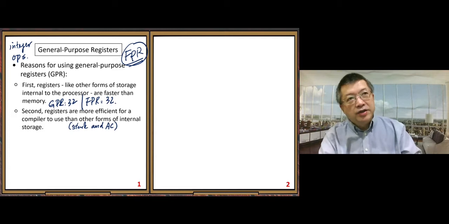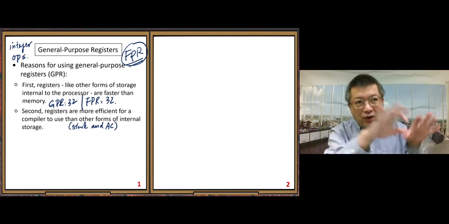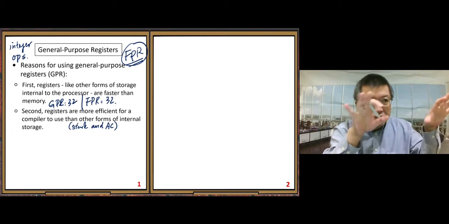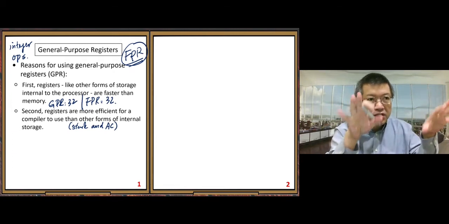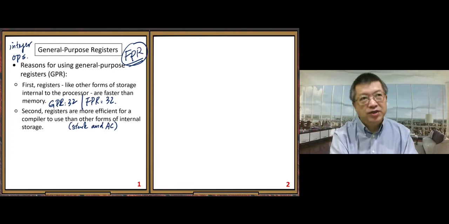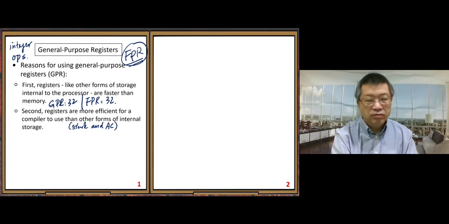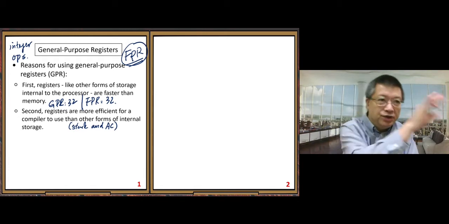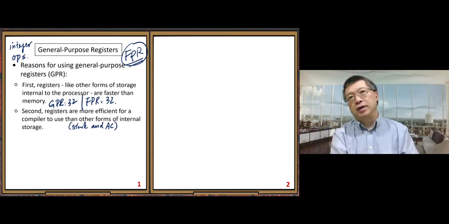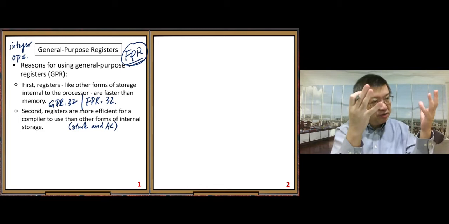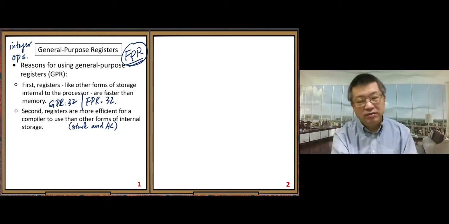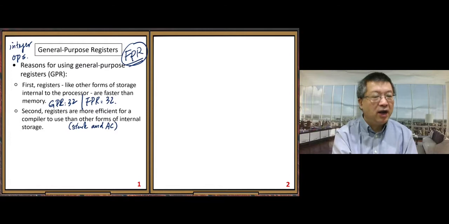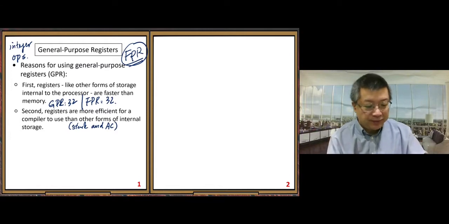So the compiler needs to arrange these registers as resources, because registers are precious resources to be used in program execution. So the compiler needs to find a good way to use these resources. Then the execution can be faster. So that's an important topic. Later I can talk about it a little bit.